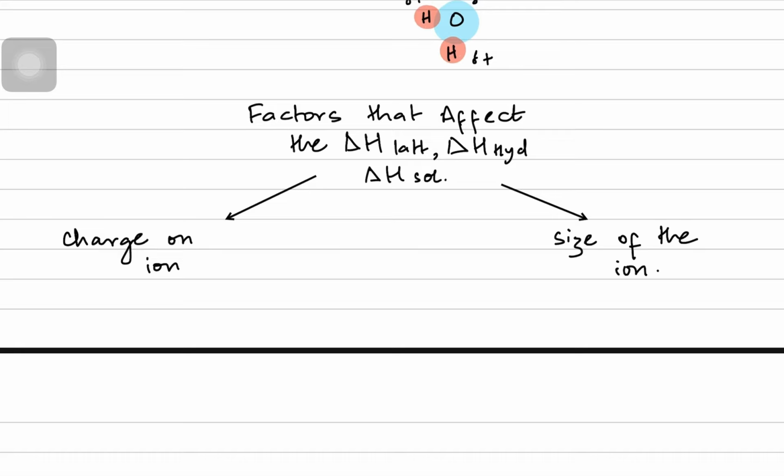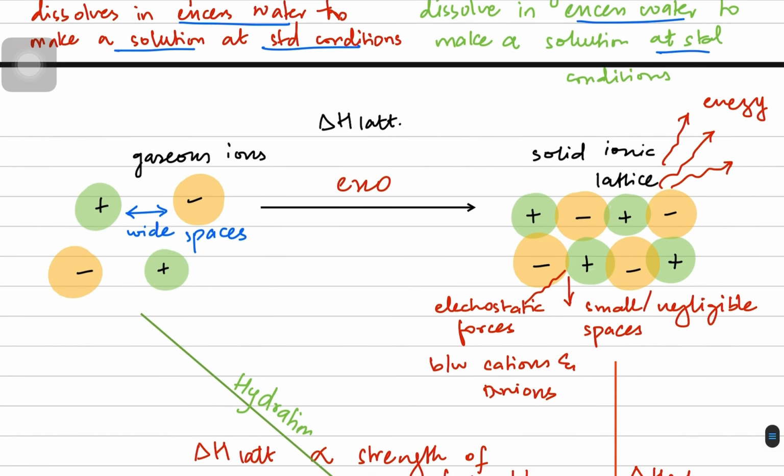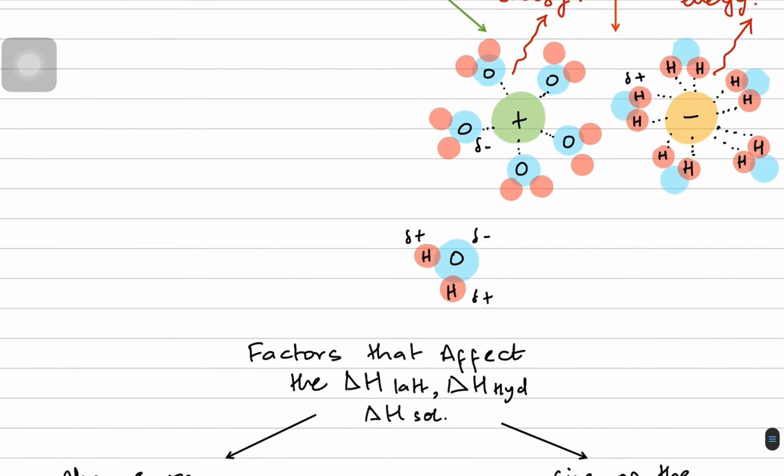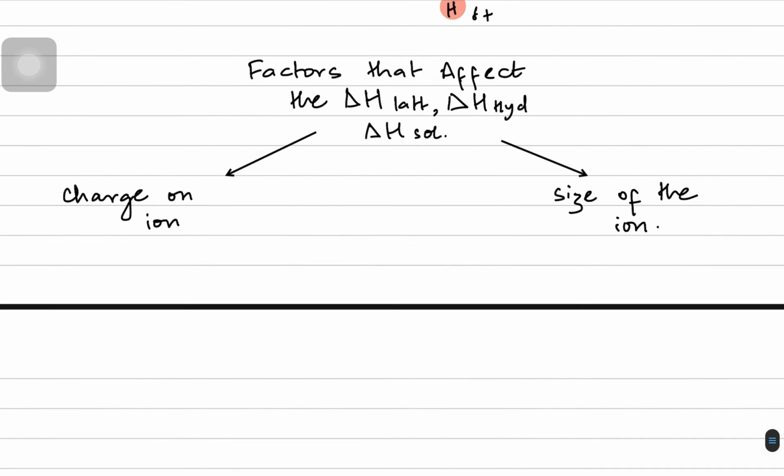Since all these values are dependent upon the strength of forces, like we already said, this leads us to a concept of the Coulomb's forces of attraction. If you have studied physics, or you would be doing it, between the ions, the attractive forces are governed by Coulomb's law, where the forces are proportional to the magnitude of the charge on cation and anion, and it's inversely related to the square of the distance between them.